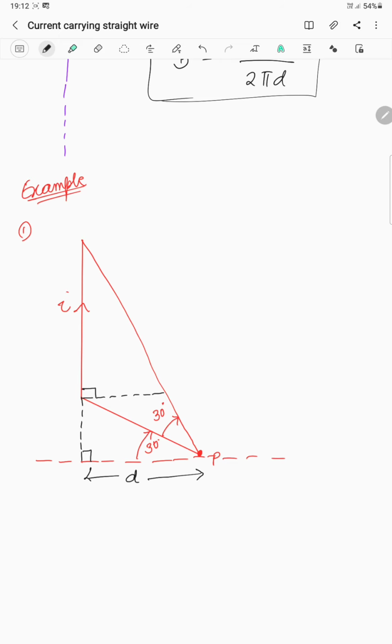Let this distance be A. Now what will be d in terms of A? It is quite obvious: d will be equal to A cos 30, taking this right angle triangle.